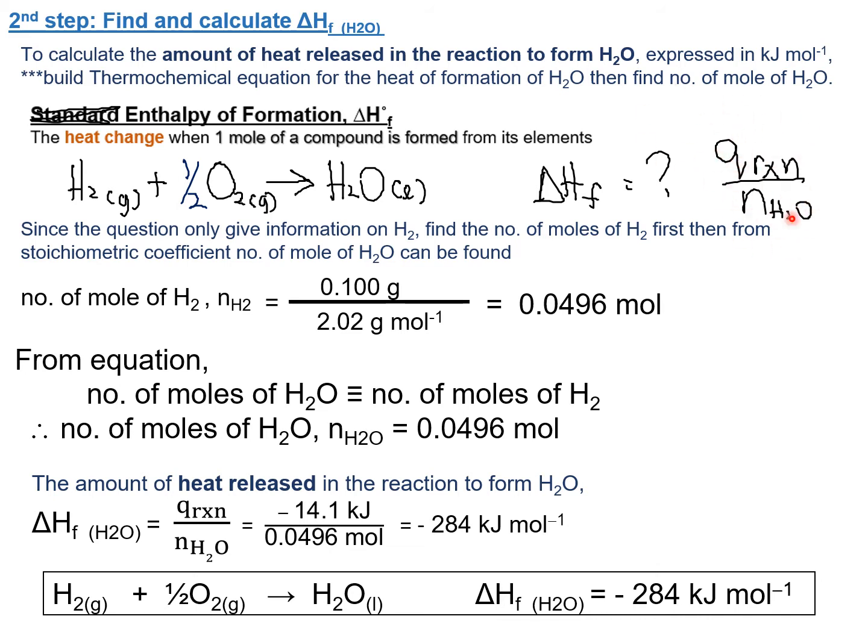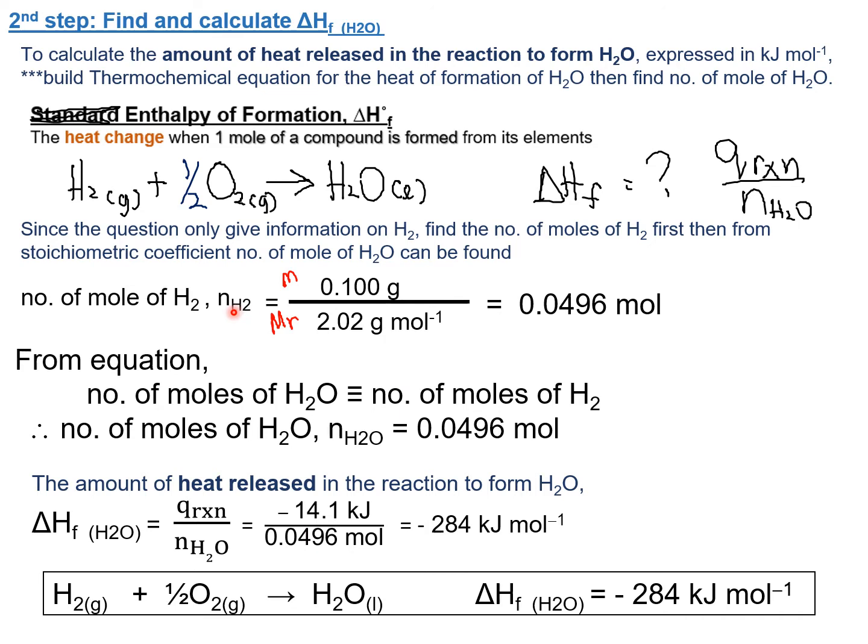And next ialah you need to find the number of mole of H2O. To find the number of mole of H2O, since that the soalan hanya bagi information kepada hydrogen gas, so you masukkan saja, and then dia bagi dalam bentuk gram. So you tahu kalau you nak cari number of mole yang melibatkan gram, it's gonna be mass bahagikan dengan molar mass of hydrogen gas.